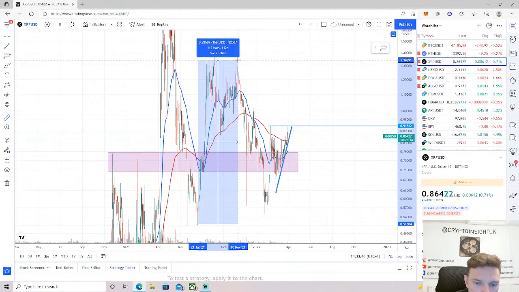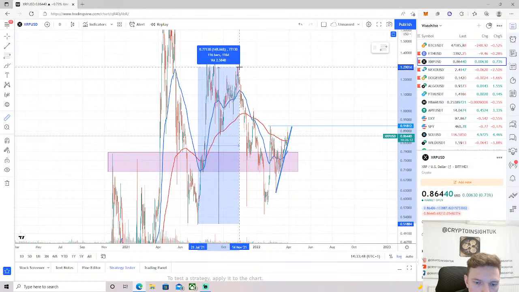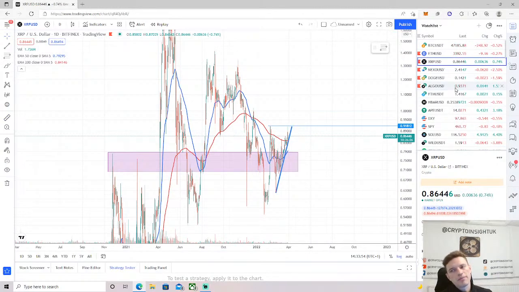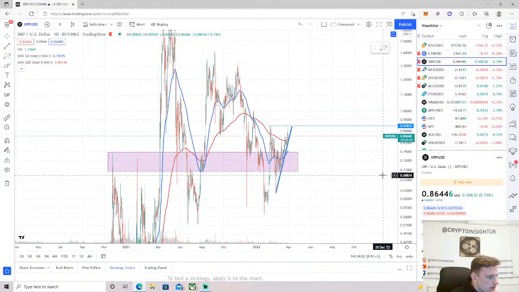There. XRP did 150%. So both Ethereum and XRP outperformed Bitcoin in those time periods. So I took that trade based on those things.